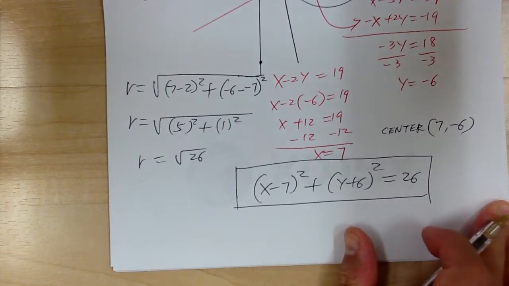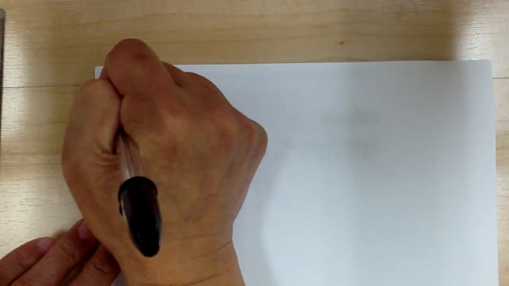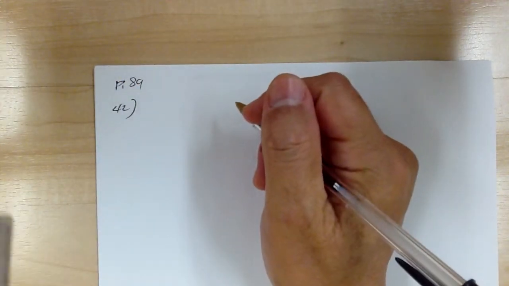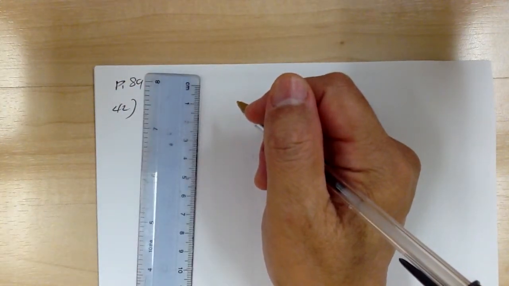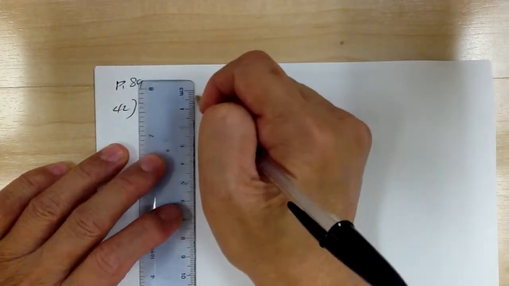Okay, let's go to number 42. Okay, so it says that the circle is tangent to both axes and contains the point 6,3.